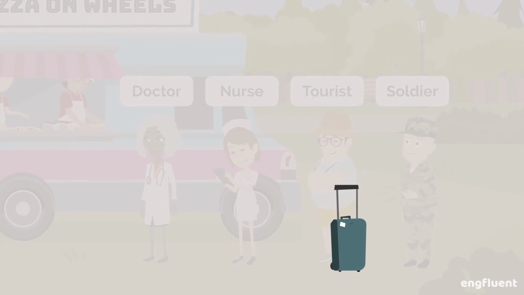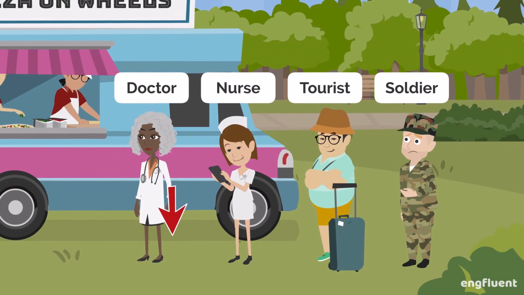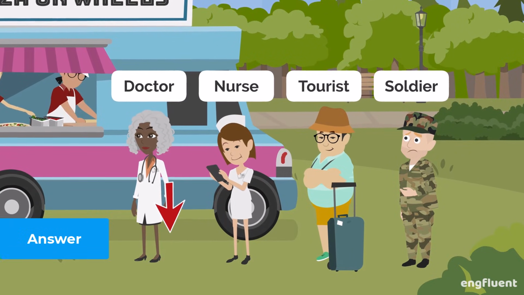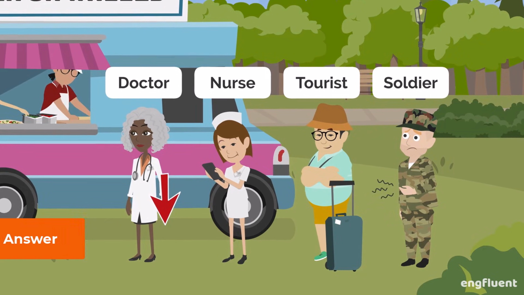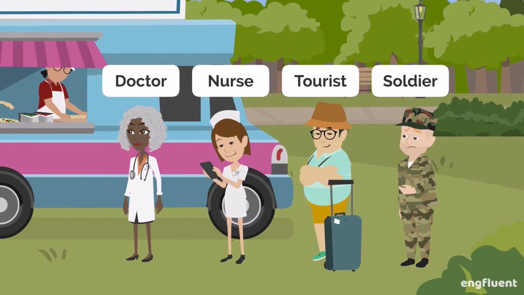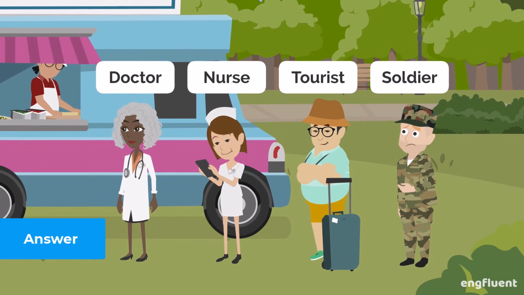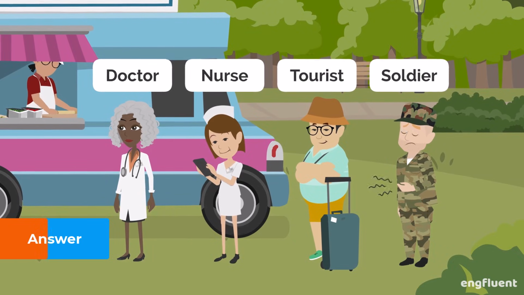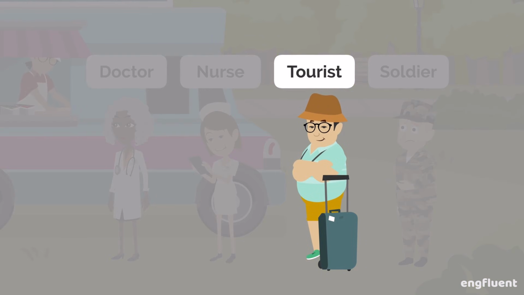Yes, there's a suitcase in this scene. Where is the suitcase? Is it next to the doctor? No, it's not next to the doctor. Where is the suitcase? The suitcase is next to the tourist.